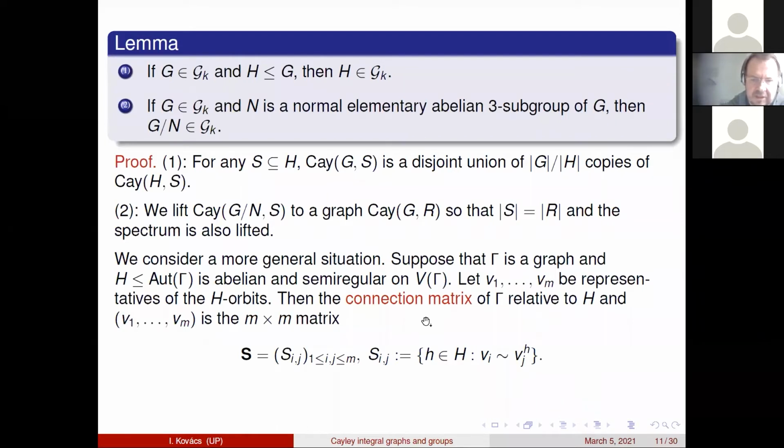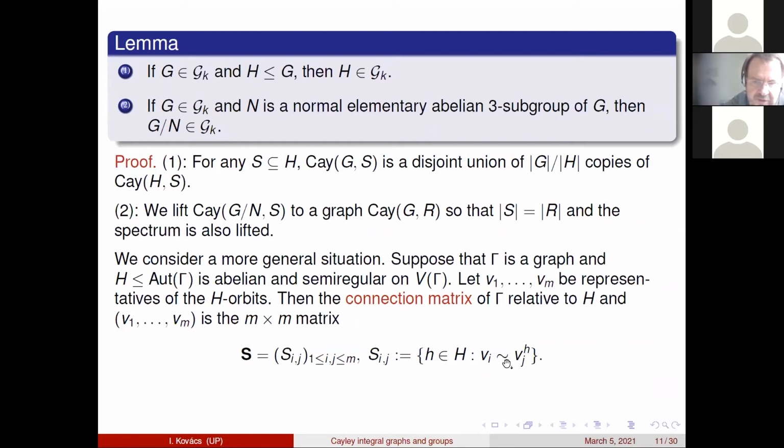Actually, you can do it not only for abelian, but you can construct this matrix relative to the subgroup and its representatives, where the entries of the matrix will be subsets. You take the ij subset defined by the edges between the two orbits.